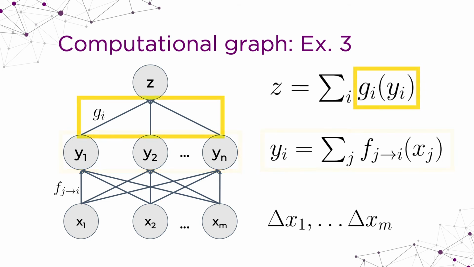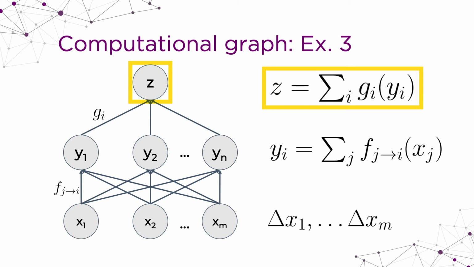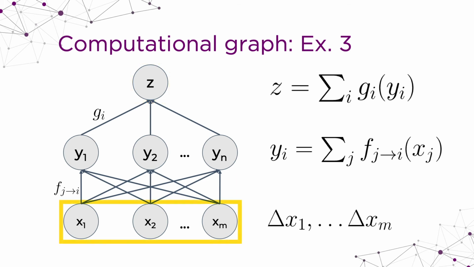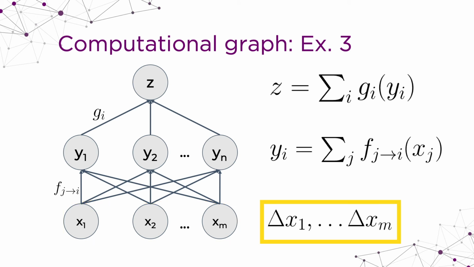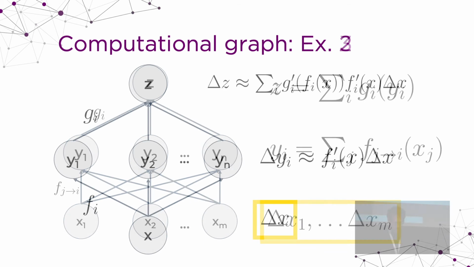And the gi will be evaluated at these yi, and I sum to obtain the final value of z. And here I will be interested, at a given point, which is now a m-dimensional space. I'm at this point in space, and then I can move any of the variables with delta hi, and I will see how z will change.